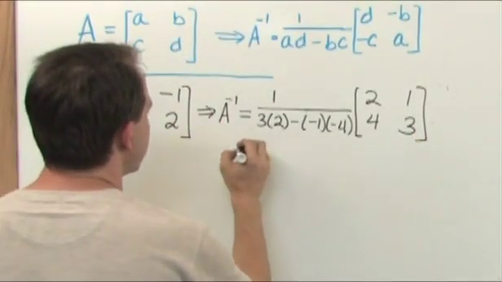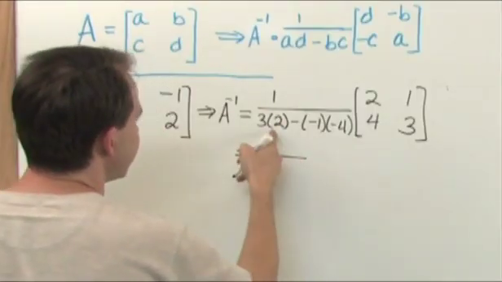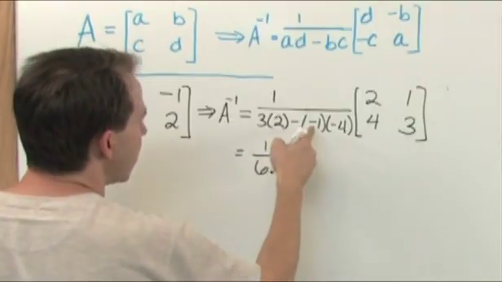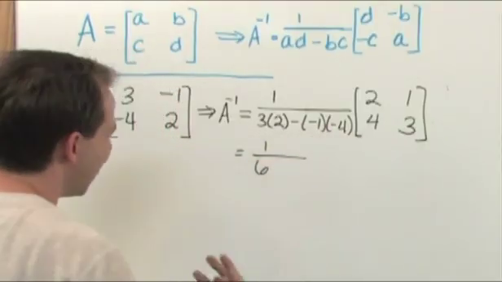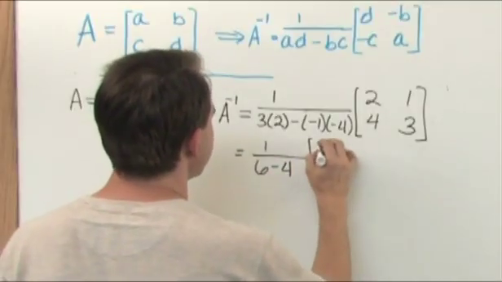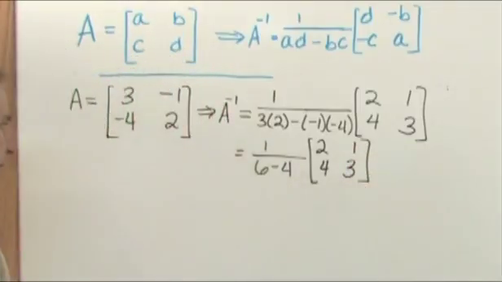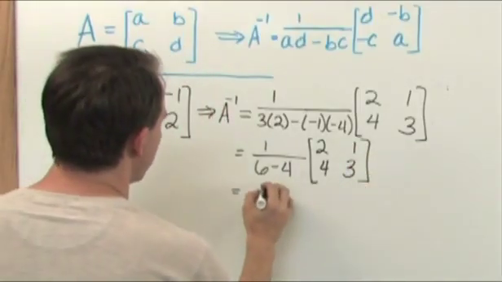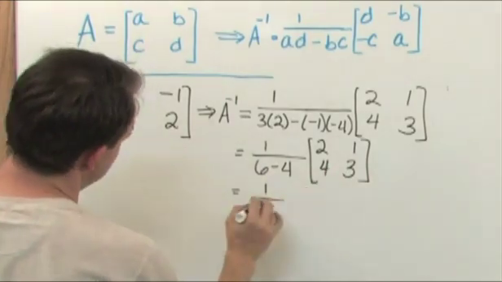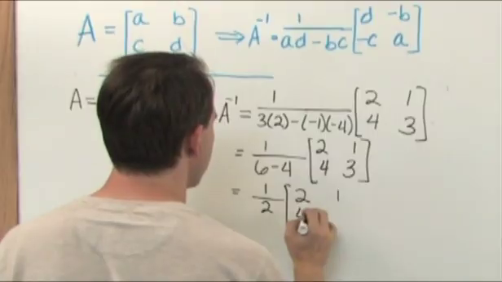So let's go ahead and continue simplifying this. What you're going to have here is 1 over 6 minus, and negative 1 times negative 4 is positive 4, so minus 4. And you're going to have 2, 1, 4, 3, just like we talked about. Continue simplifying: 1 over 6 minus 4 is 2, so 1/2 times the matrix 2, 1, 4, 3.